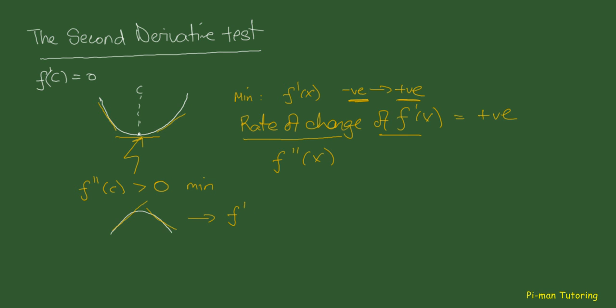So f double dashed of c in this case must be less than 0. And we call this the concavity. This downward facing shape is concave down, the upward facing shape is concave up.